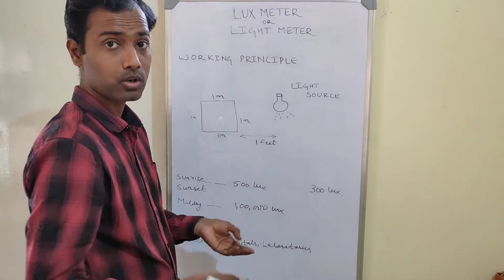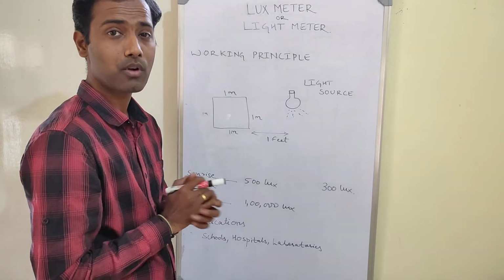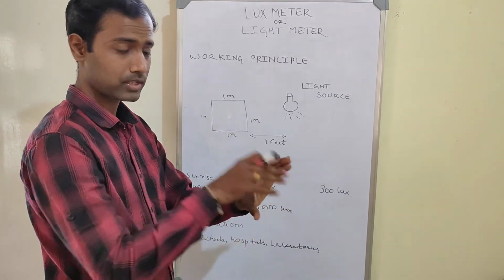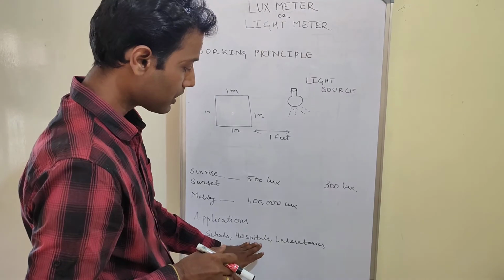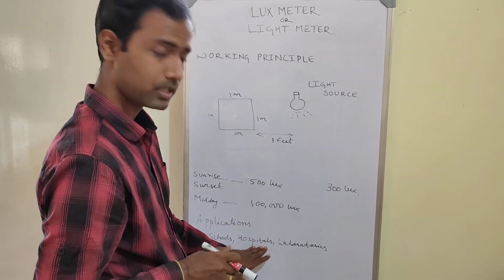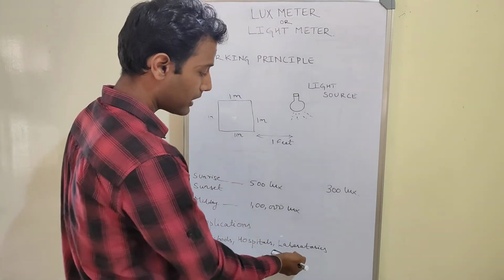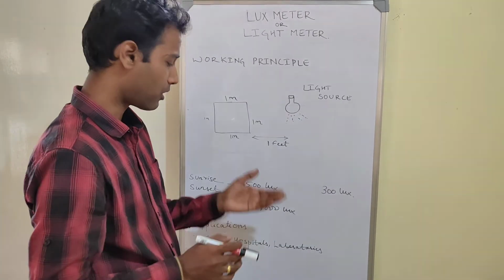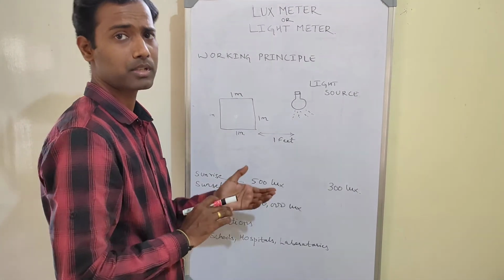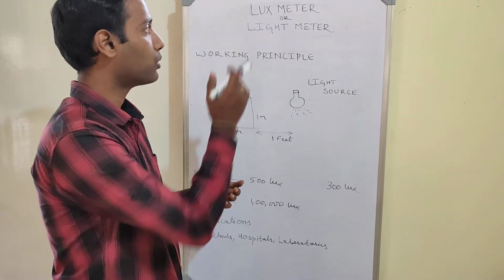In hospitals, where there are many instruments for getting x-rays or something like that, lux meters are used nowadays with recent technology. And in laboratories, definitely, to perform experiments, and also in industries, it is used. This is all about the lux meter.